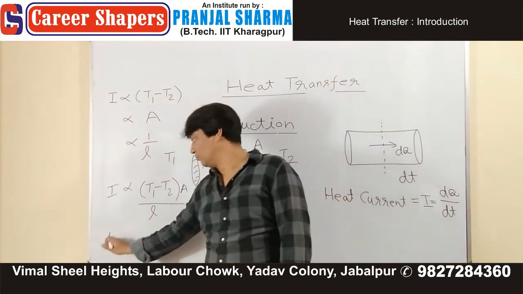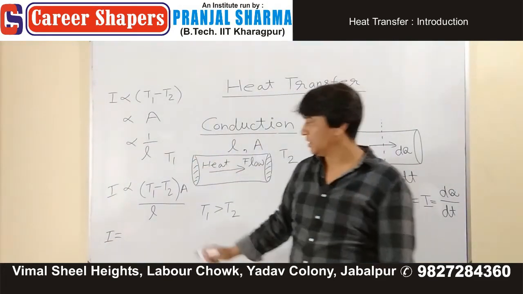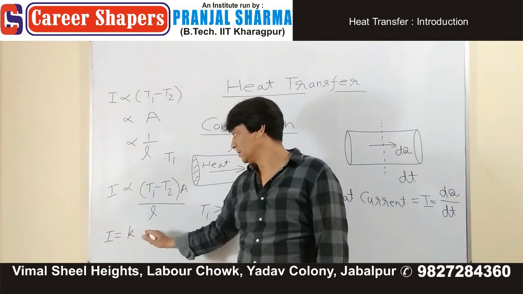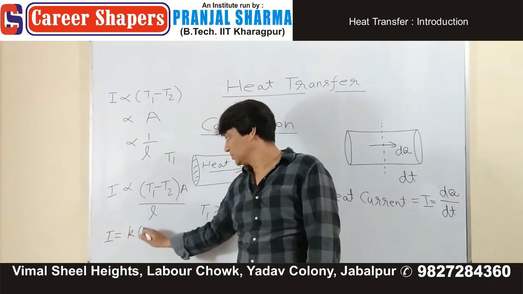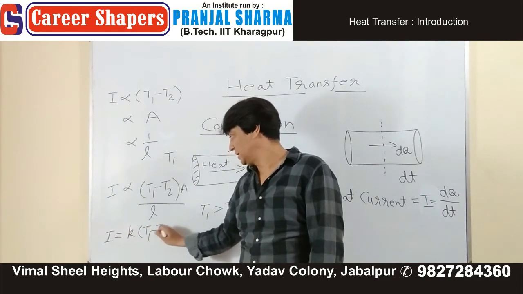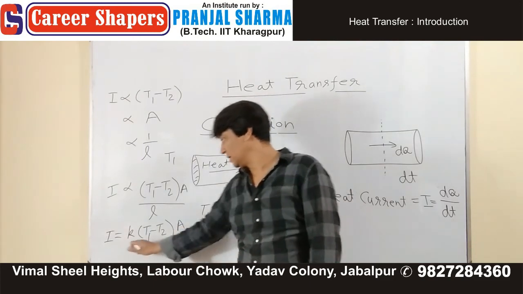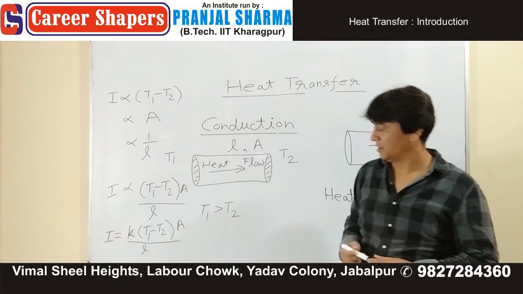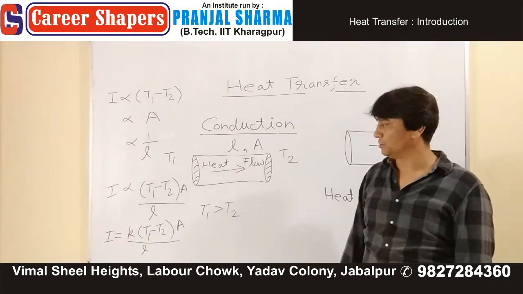When we remove the proportionality sign, we use a constant. This constant is K. What is K? I'll tell you later. So this whole thing is K into T1 minus T2 into A divided by L. Now before I explain other things, let me ask you a simple question.